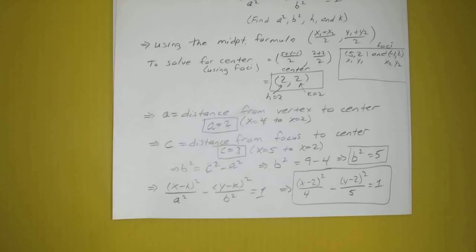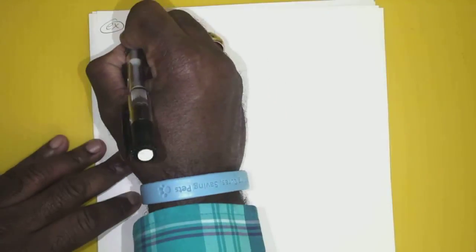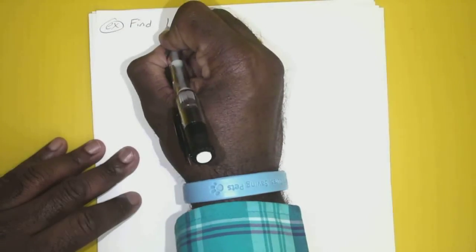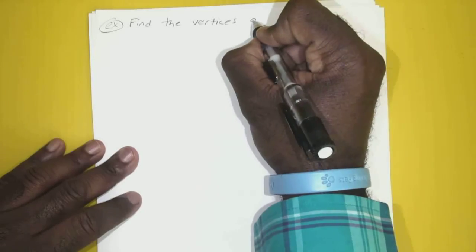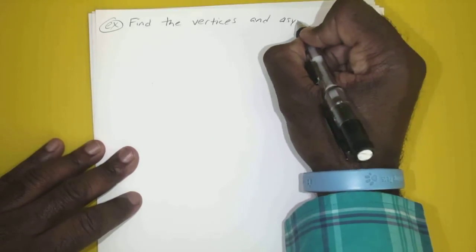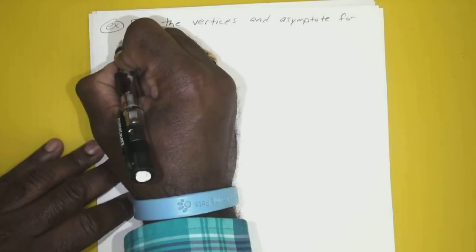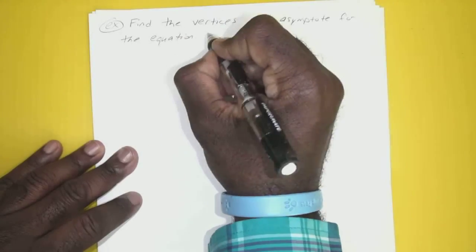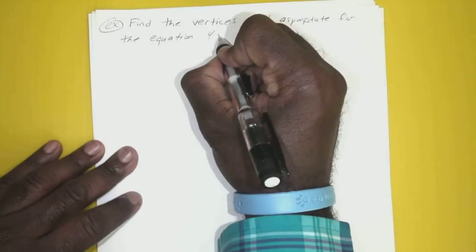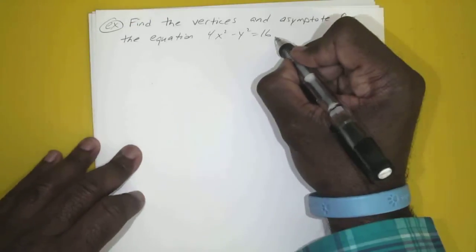All right, so let's say for our next example, we want to find the vertices and asymptotes for the hyperbola 4x squared minus y squared equals 16.